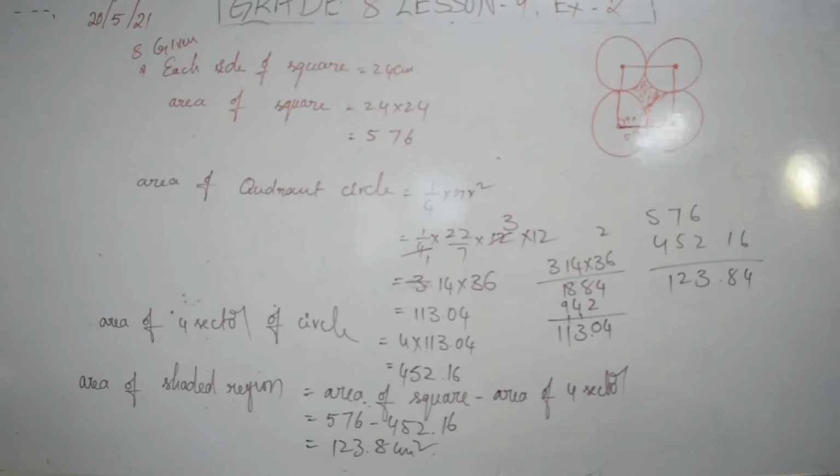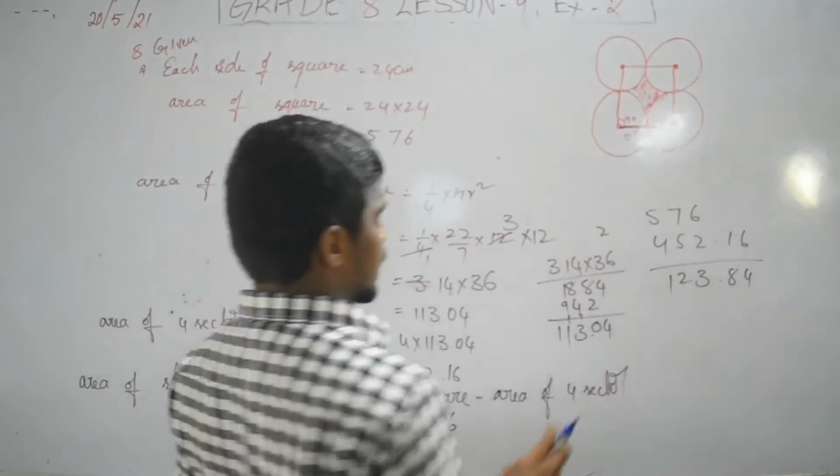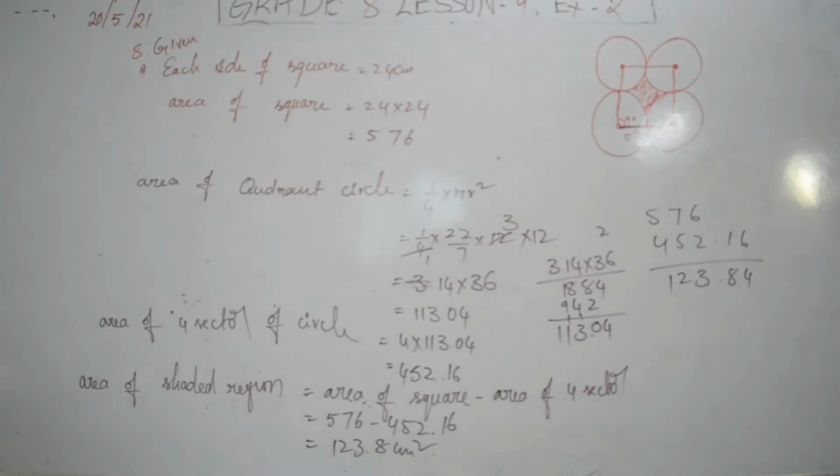So the area of the shaded region is 123.84 centimeters square.